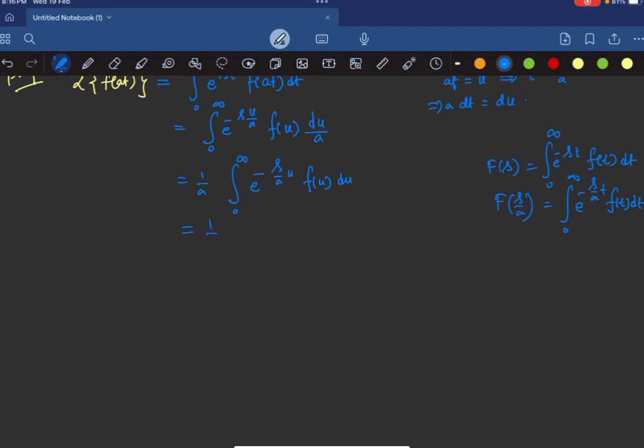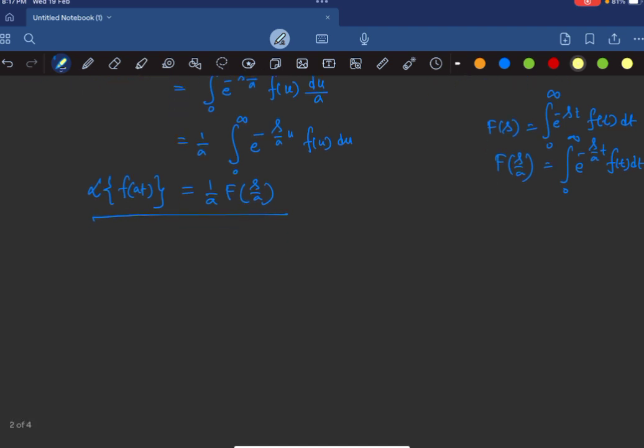So it is nothing but 1/a F(s/a). This is the Laplace transform of f(at). This is called the change of scale property. Now we can have one or two questions from this part.